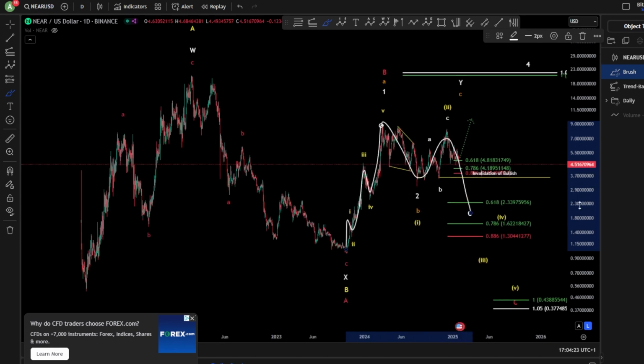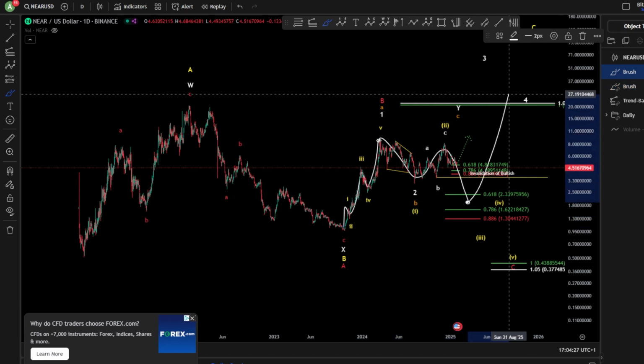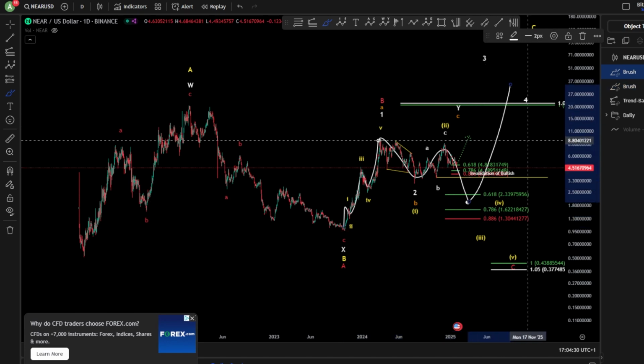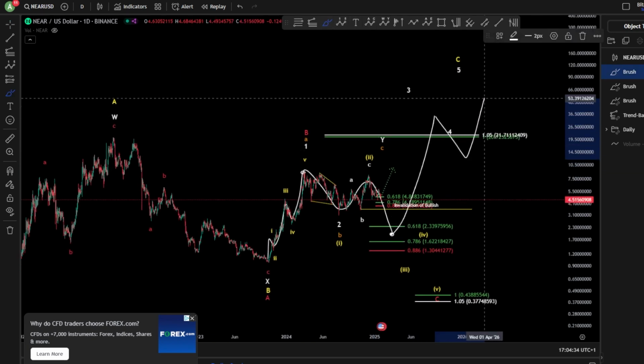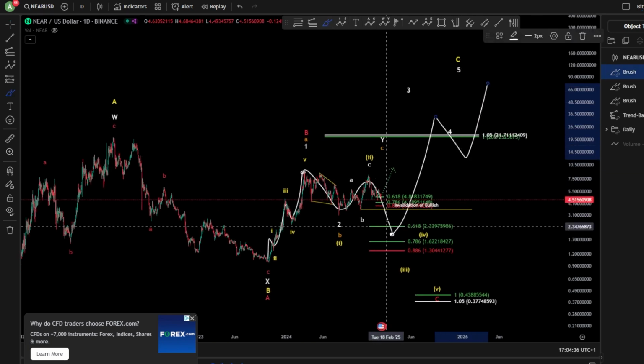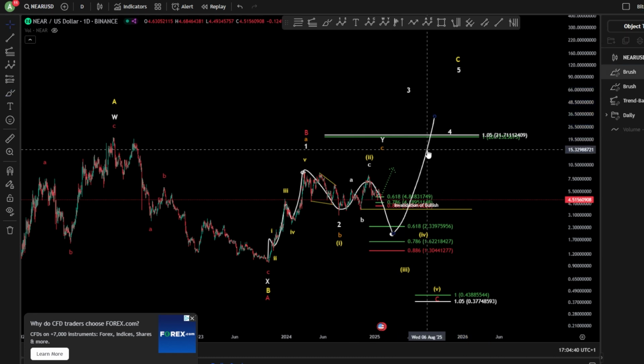In that case, you would like to see even higher prices, because this will confirm or give a higher possibility for an impulse in a wave 3, 4, and a 5. Lower prices will lead to higher prices later on.